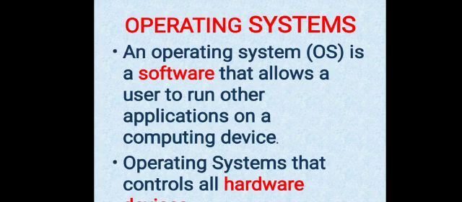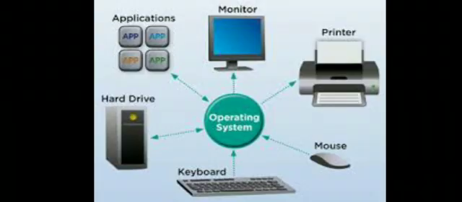Control all the hardware devices. Okay children, next, so this is the operating system. The operating system is used to control all the hardware components, that is hard disk drive, keyboard, mouse, printer and applications. So the operating system is used to control all the hardware components.